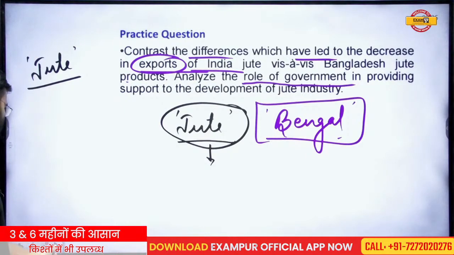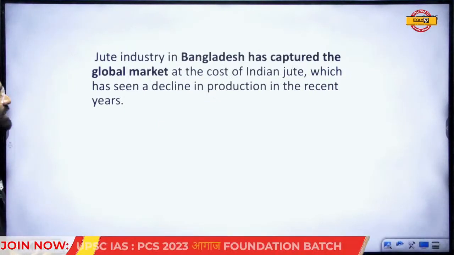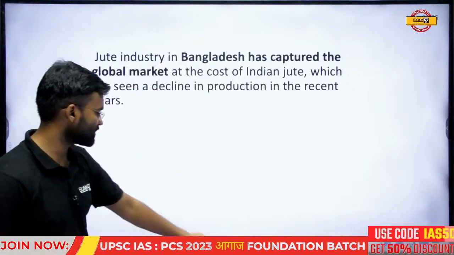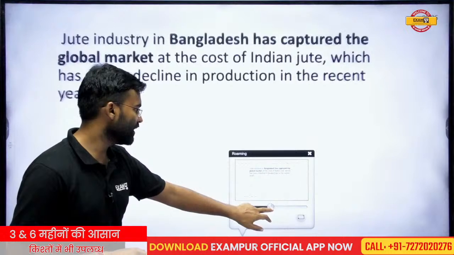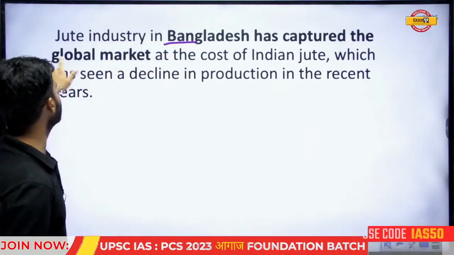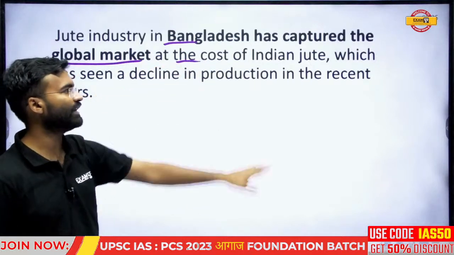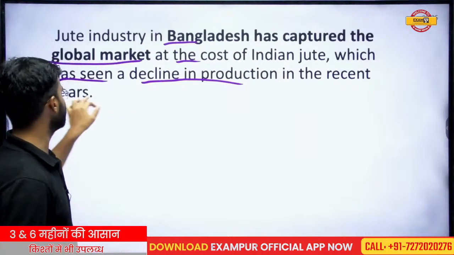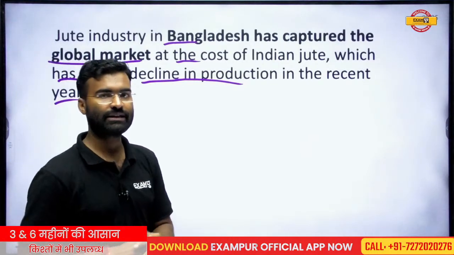Now we should focus on the context of this topic. Why are we going to study it? Because recently the jute industry in Bangladesh has captured the global market at the cost of Indian jute, which has seen a decline in production in recent years.